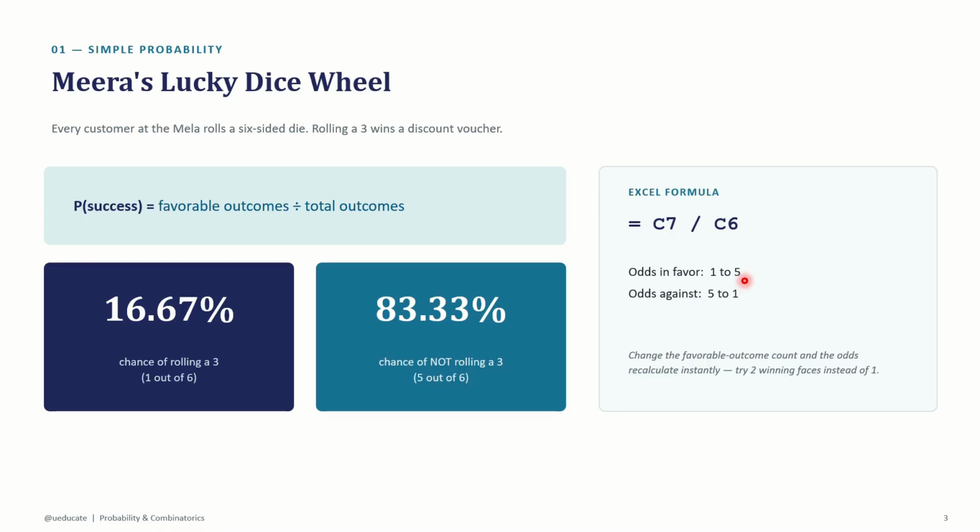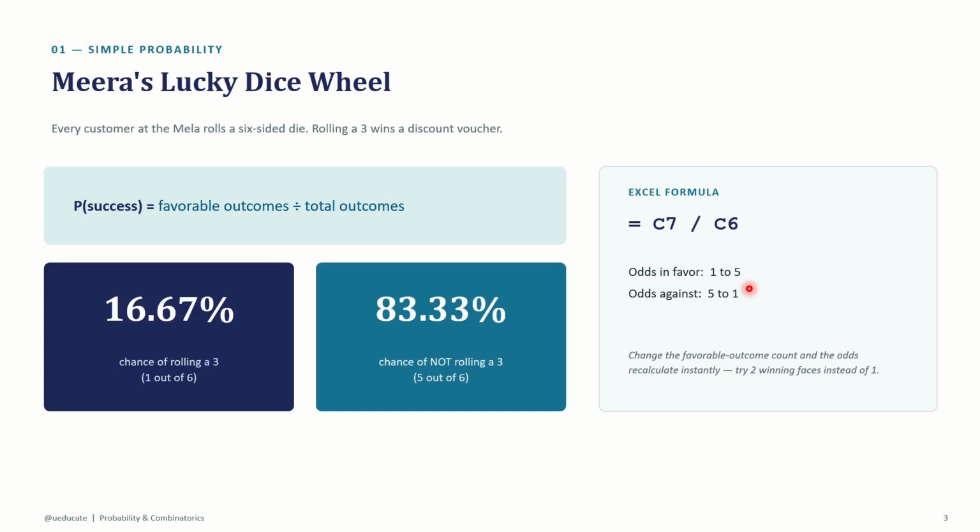Meaning most of the customers walk away without a voucher, which is exactly what keeps her cost of running the promotion under control. So in Excel, this is one formula: divide the favorable outcome cell by the total outcome cell. Change either number and that probability recalculates instantly, right?